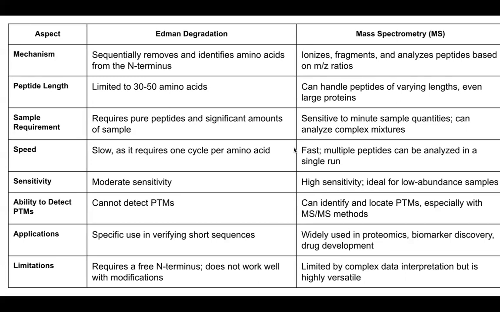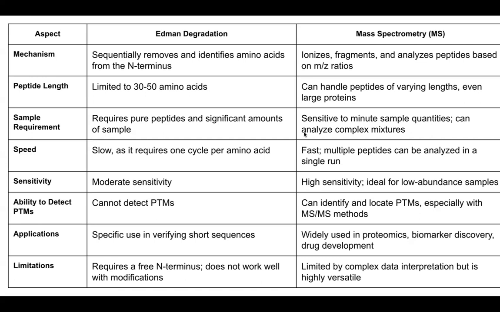On the other hand, mass spectrometry, particularly with MSMS, has become the preferred method for peptide and protein sequencing in a lot of the labs that we have today because it's versatile, it's able to handle complex and low abundance samples, and it has the capacity to identify post-translational modifications, which are critical for functional studies.